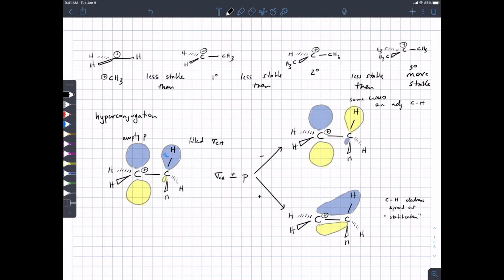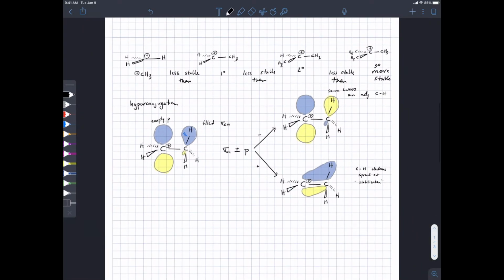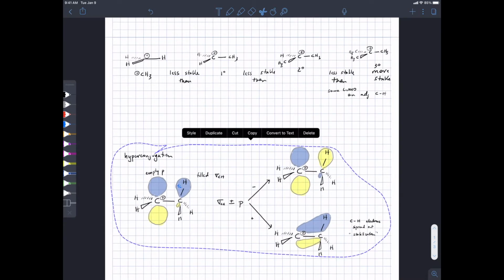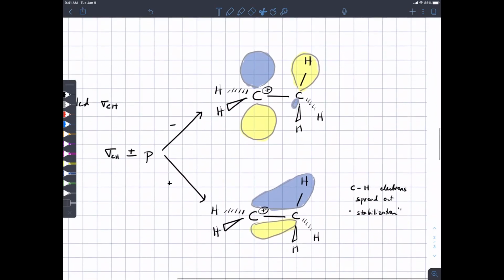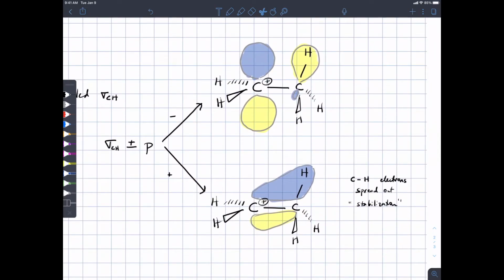Go ahead. Will the carbocation do hyperconjugation with the other carbon-hydrogen bonds, or just that one because the other ones aren't like that? The answer is yes. I haven't included it for simplicity's sake, but this orange or yellow lobe will probably encompass those hydrogens on the bottom as well.